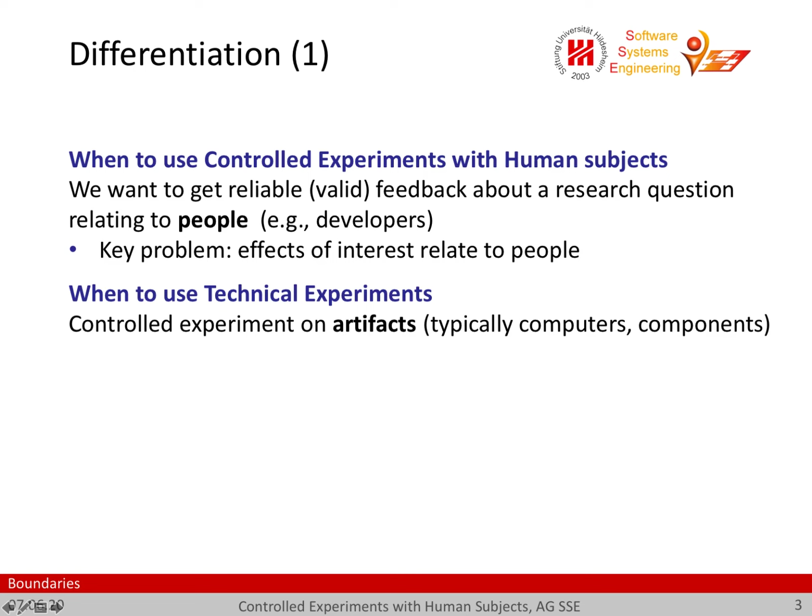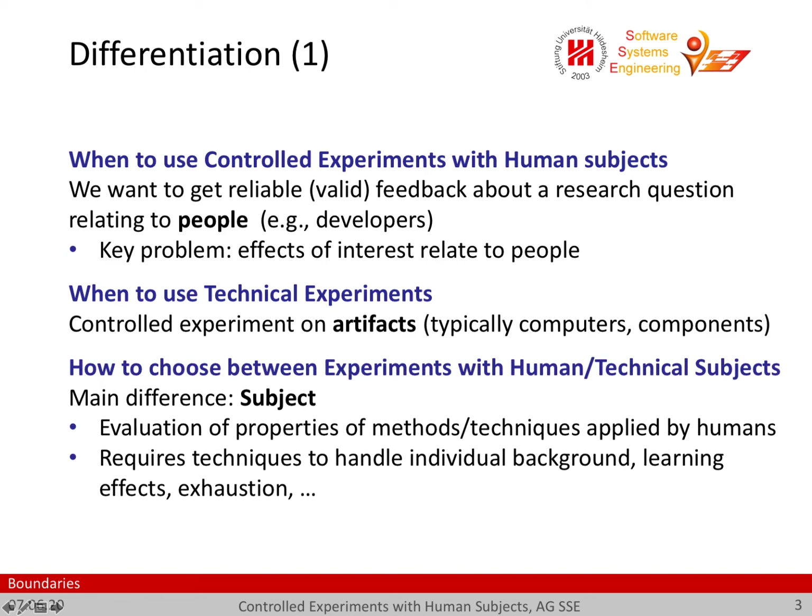Such artifacts can be computers, programs, many kinds of things, but it's technical. So for example, what is the performance of a computer system? That's subject to a technical experiment. As a result, the main difference between the two types of experimentation is really about the subject.